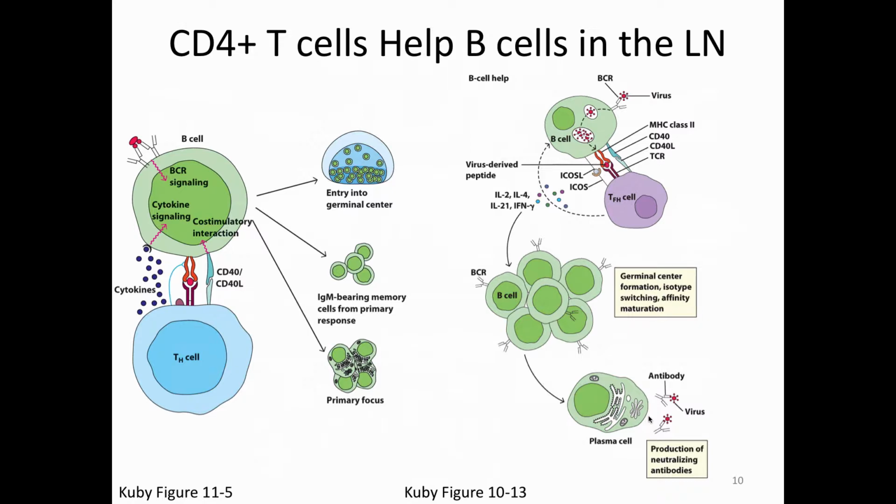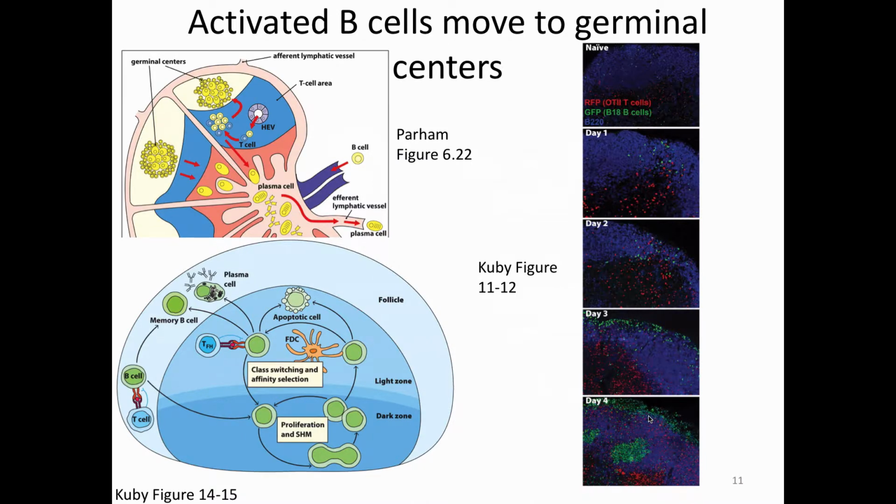This whole process happens in our secondary lymphoid organ, and both our B cells and our T cells are going to be moving around the secondary lymphoid organ quite a bit in order to make this process happen.